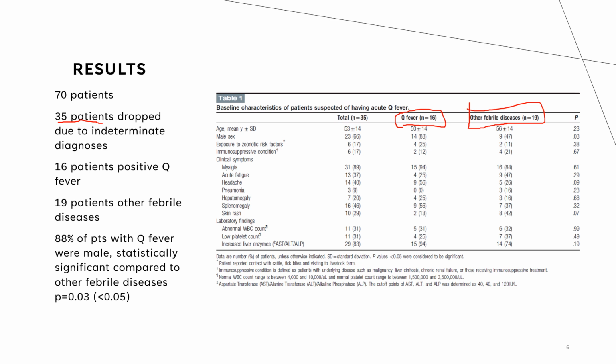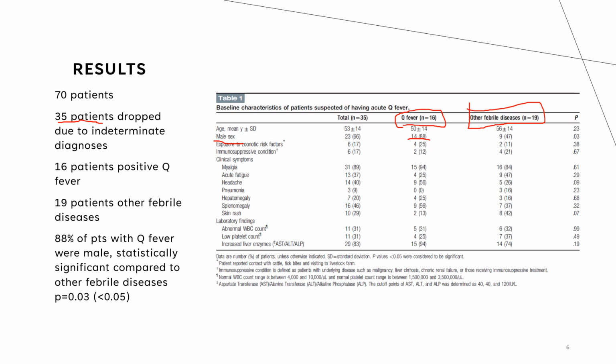Out of the 16 positive cases of Q fever, 14, which is 88% of the group, were all males. This happened probably due to occupational exposure. Men are usually the ones who are in agriculture, and that's probably why we can see this difference.